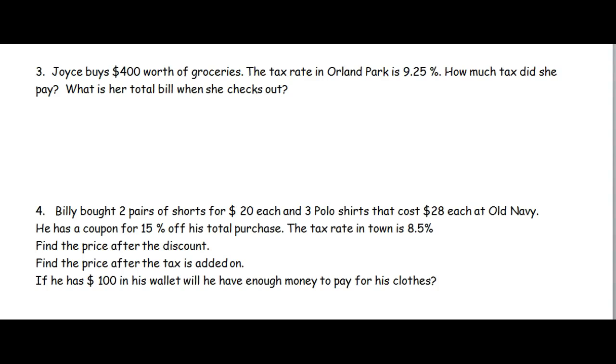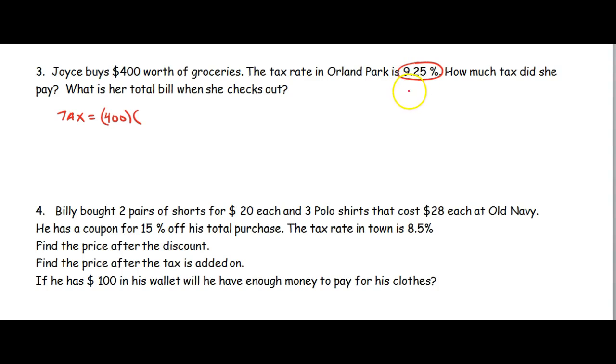Number 3, Joyce buys $400 worth of groceries. The tax rate in Orland Park is 9.25%. How much tax did she pay? What was her total bill at checkout? Well, to figure out the sales tax, we're going to take the amount we purchased and multiply it by the percent as a decimal.